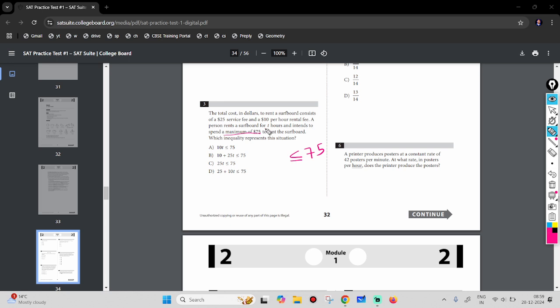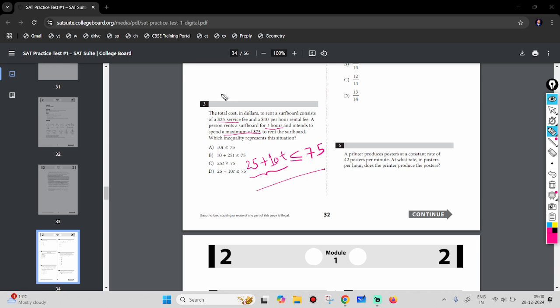We are renting the surfboard for t hours. Obviously, 25 is a fixed amount, so we have to consider it, plus however many hours we rent the surfboard times 10. So 10 times t is the amount for rent, and it should be less than or equal to 75. So this will be our equation.